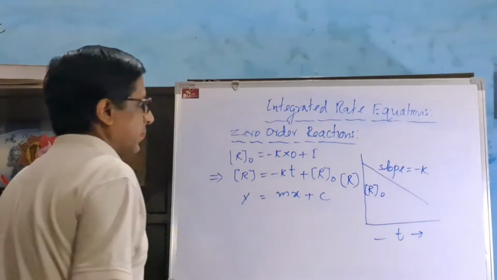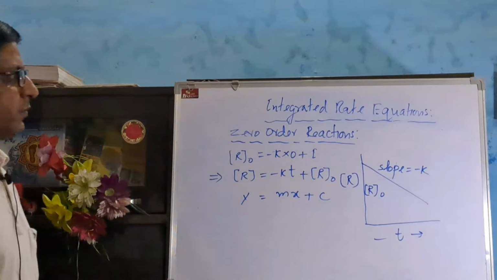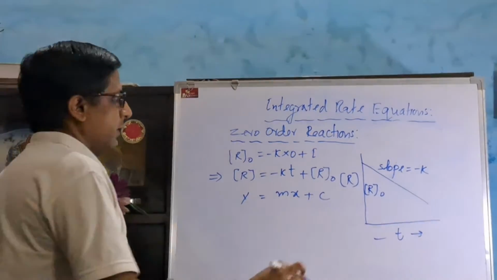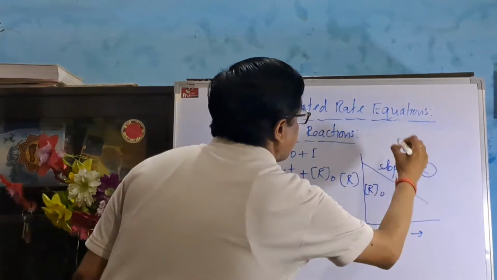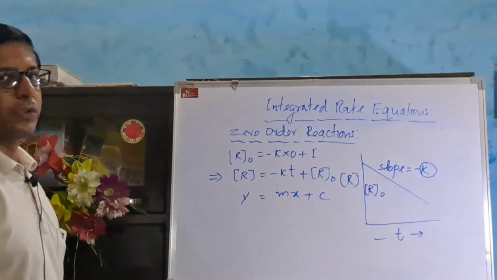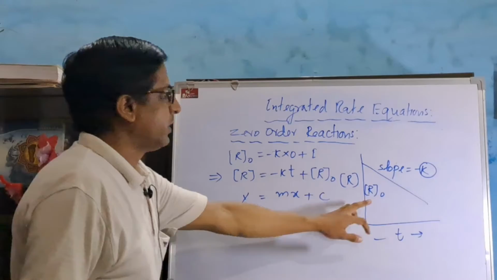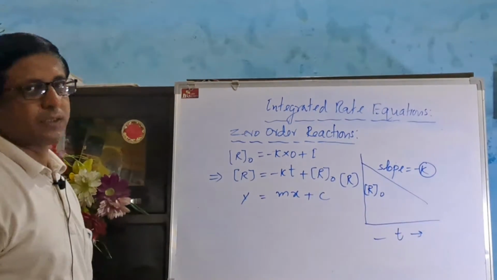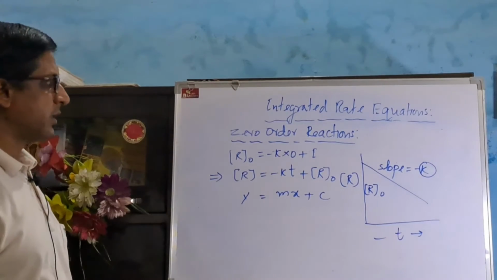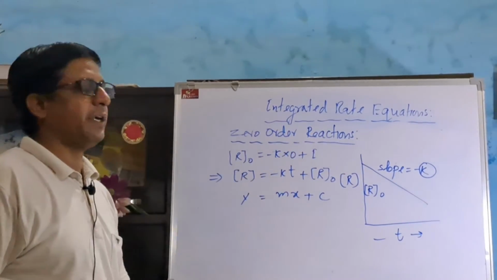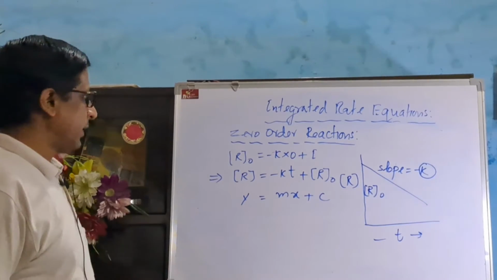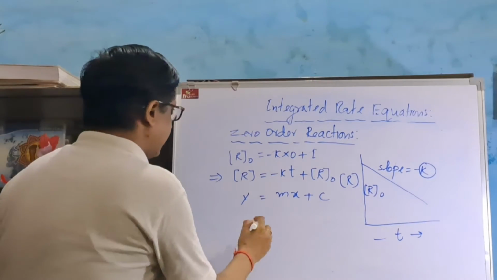From the slope of this straight line, we can obtain the value of the rate constant. If we plot time versus reactant concentration in the case of a zero order reaction, then from the slope we can determine the rate constant. This equation can be rearranged.